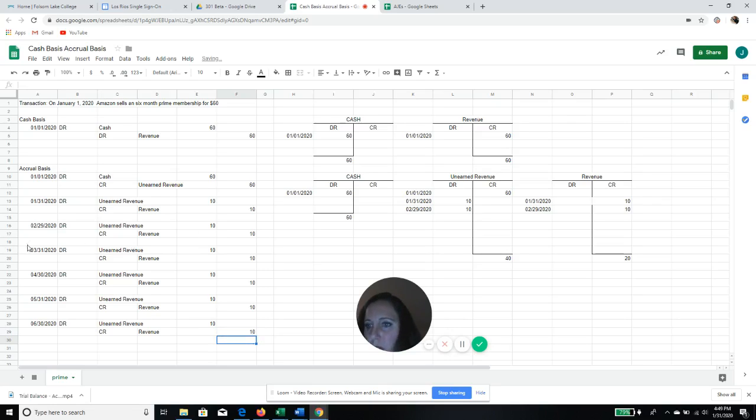At the end of March, we're going to book the exact same entry, and now we're down to $30 in liability and $30 in revenue.